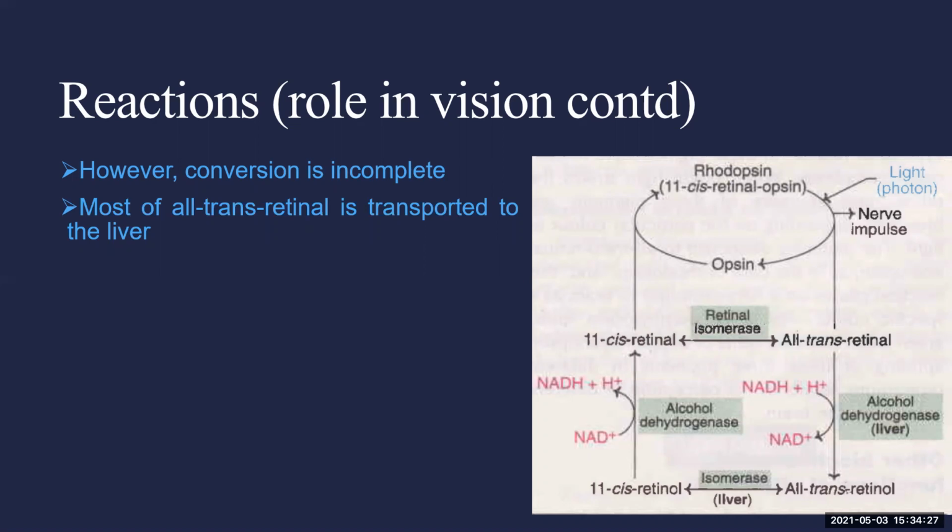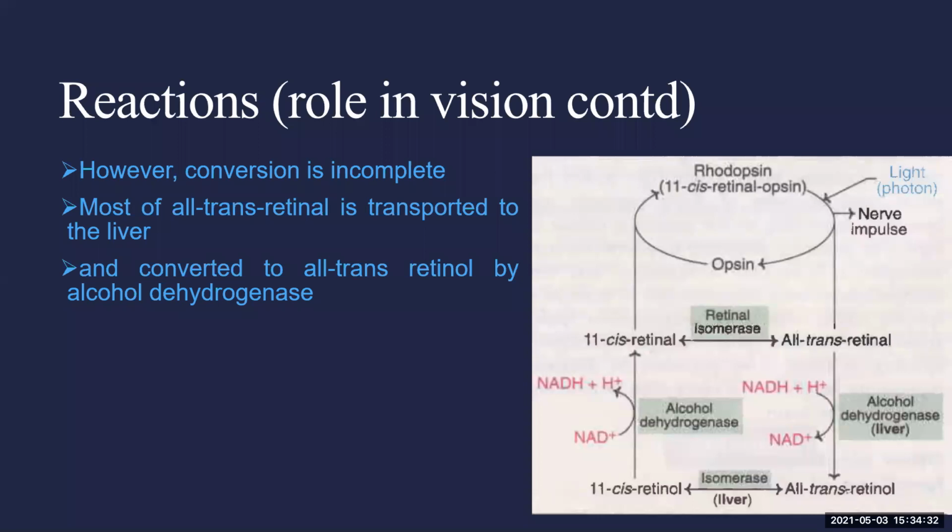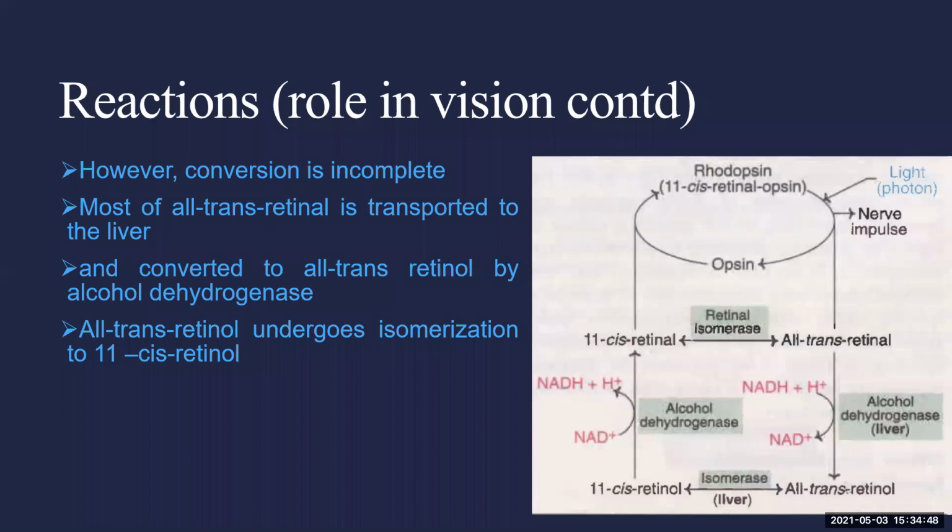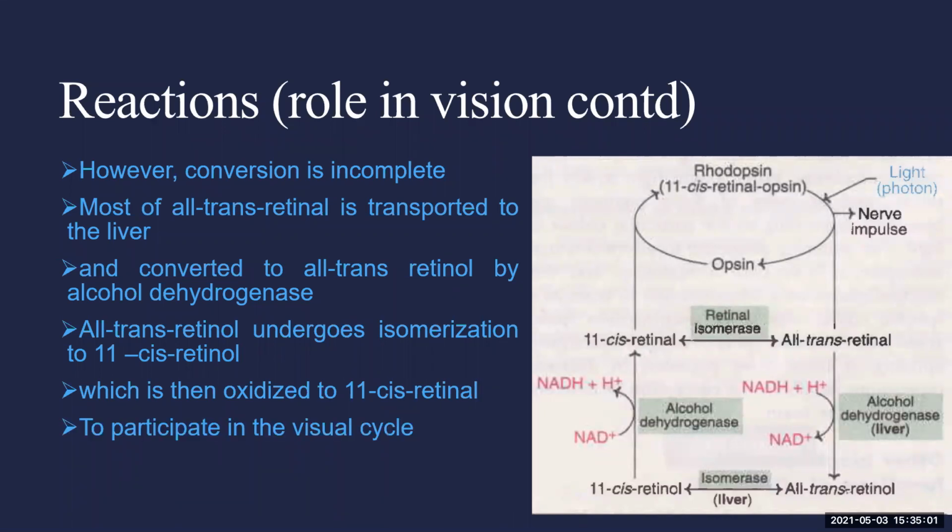It gets transported to the liver, where it is converted to all-trans retinol by the action of the alcohol dehydrogenase enzyme, which is normally present in the liver. That product, all-trans retinol, then undergoes isomerization to 11-cis retinol, and from there it is oxidized again by the same enzyme to 11-cis retinal. 11-cis retinal goes back into the eye and then participates in the visual cycle. Okay, so this is how it happens.